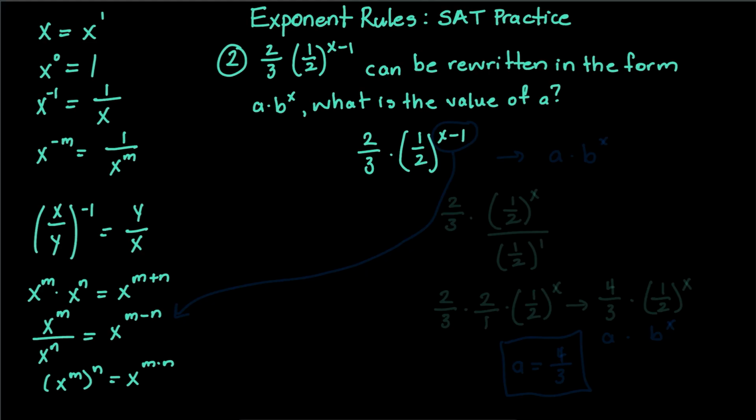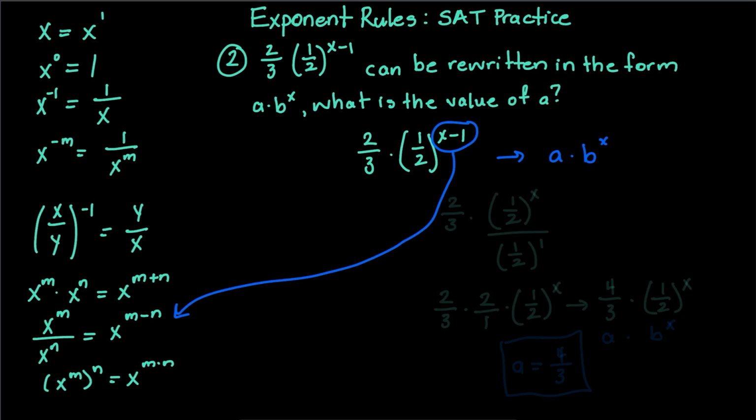Again, we need this in the form a times b to the x, which means the only thing that can be in the exponent is an x. And right now, we have x minus 1. Which looks like this rule here. Okay?